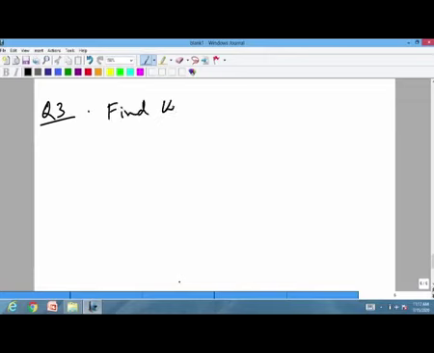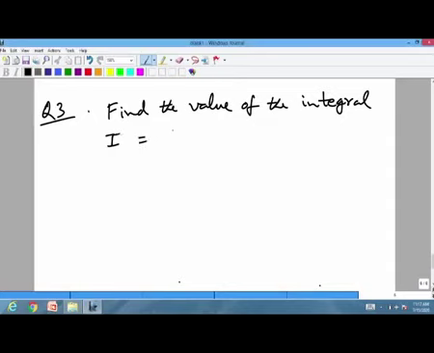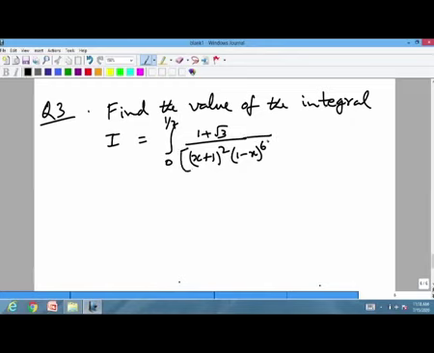The question is to find the value of the integral I is equal to integral 0 to half of (1 plus root 3) divided by (x plus 1) square times (1 minus x) raised to power 6, whole raised to power 1 by 4 dx.